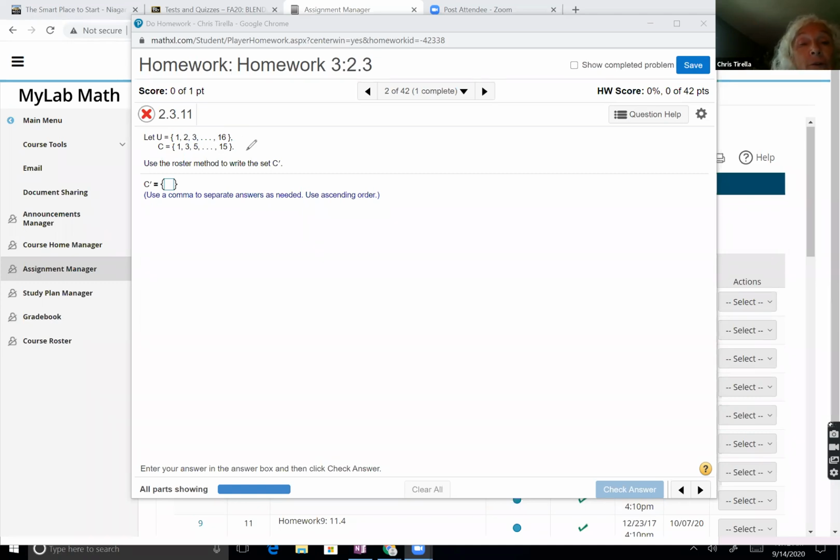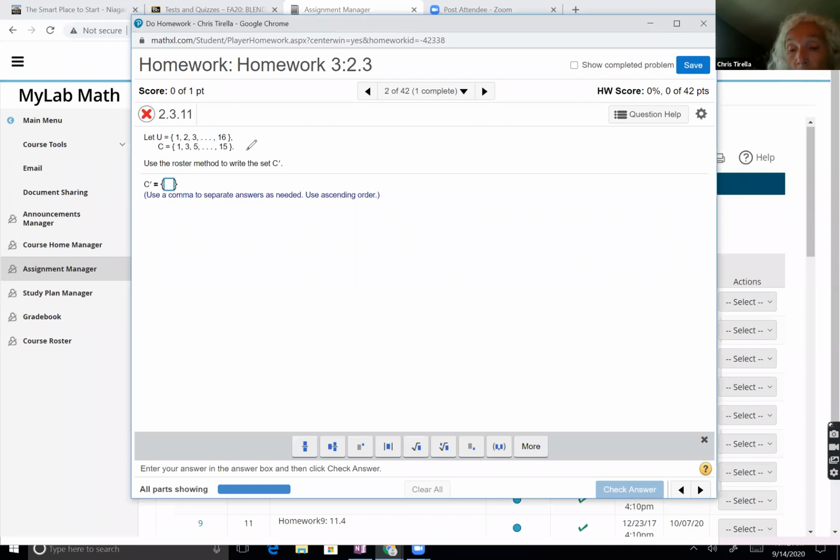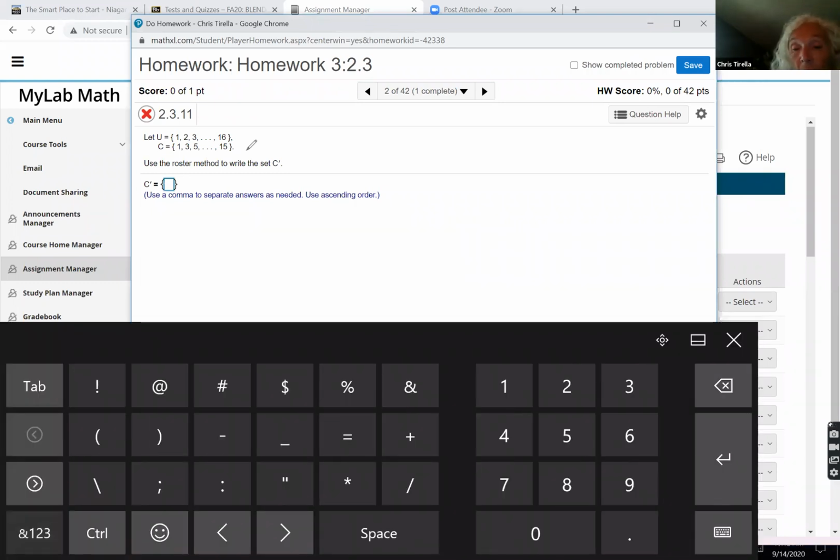That means everything that's in the universal set, so the universal set is all of the numbers from 1 through 16, that's not in C. Well, if C contains all of the odd numbers, wouldn't the complement contain all of the even numbers?